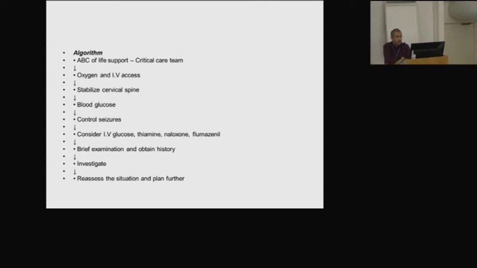And then we talked about the basic investigations that need to be done to look for possible underlying causes. And then if the patients haven't recovered, if they're still unconscious, reassess again and think about what further investigations may need to be done.